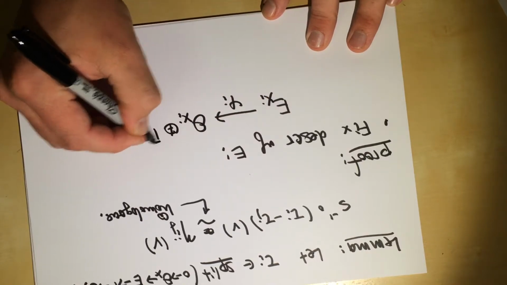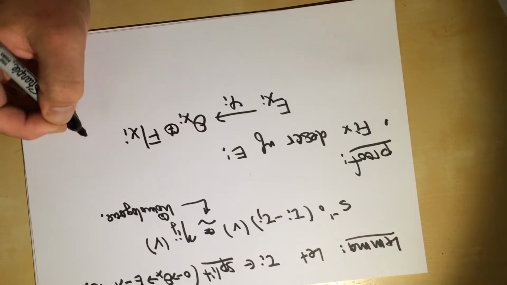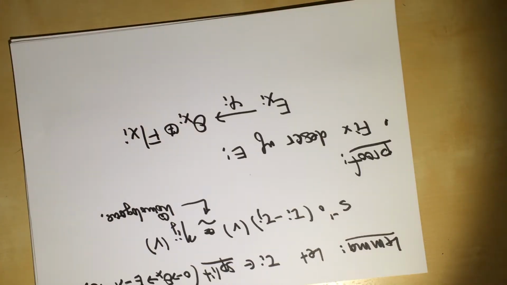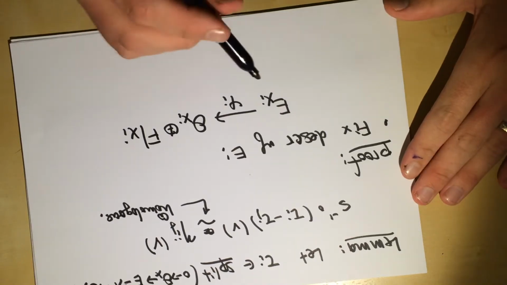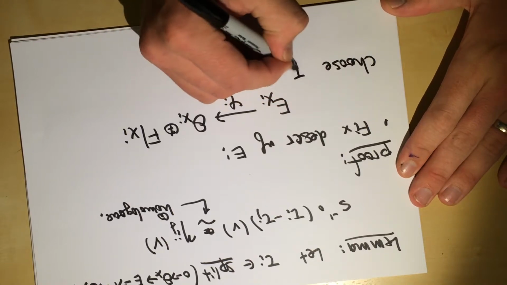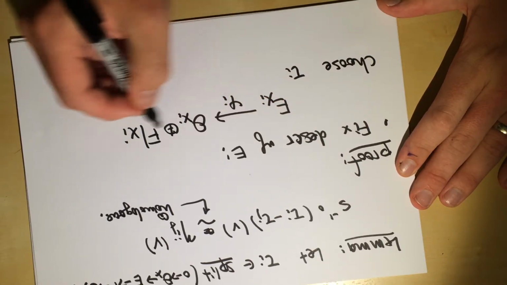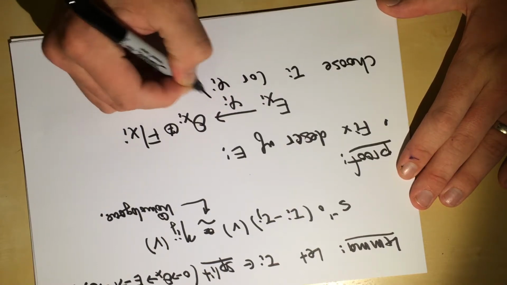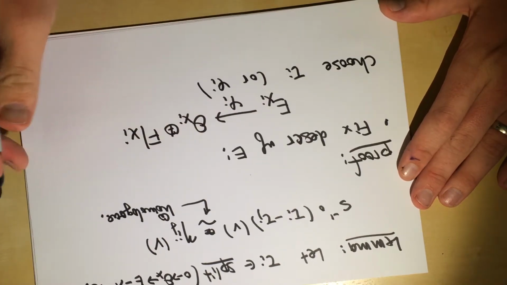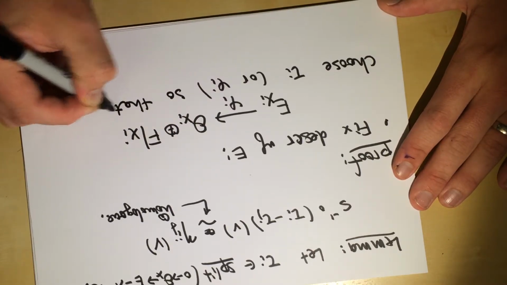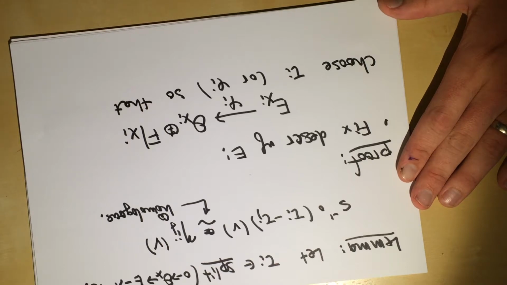So we fix these splittings here, and we choose tau i, or we can say that we choose the trivialization, so that the following works.